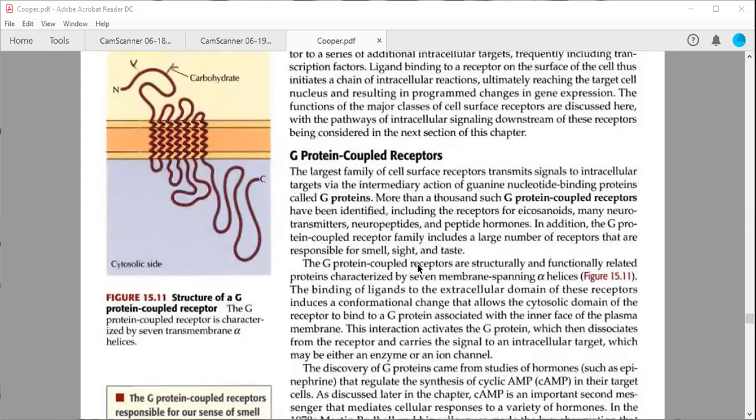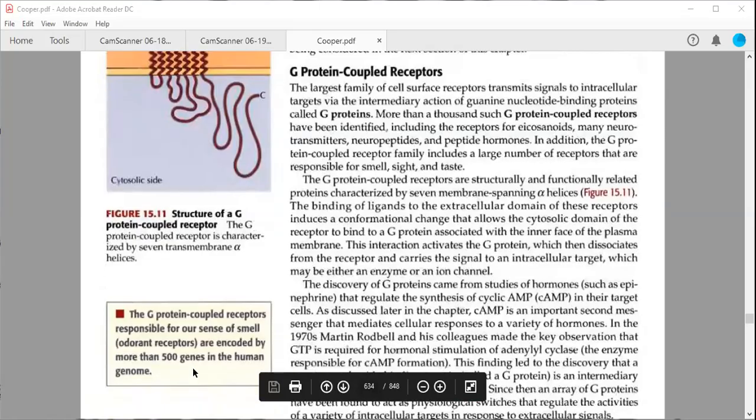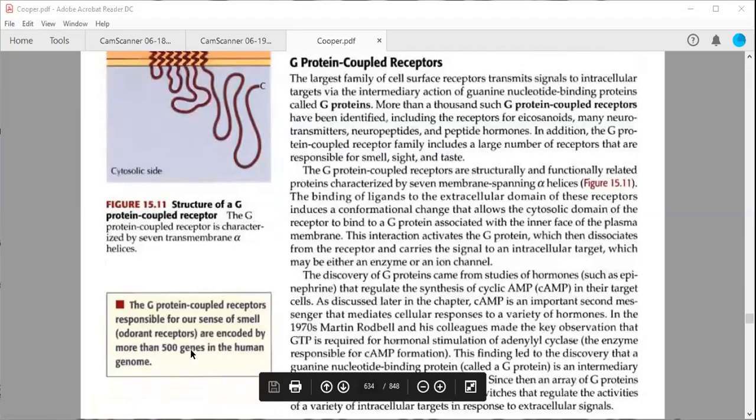One more thing, if we talk in terms of humans, in the human genome there are about 500 genes which encode the sense of smell receptors, meaning these odorant receptors only. So about 500 genes in the human genome are coding for only odorant receptors.